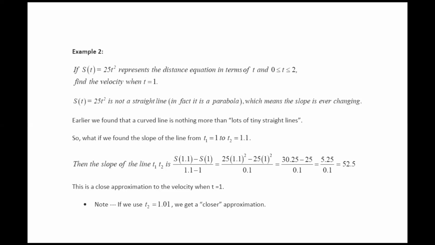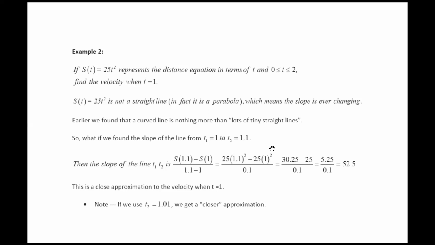So what we're going to do is we want to find the slope at 1. So let's take a point very close to 1, like 1.1. And let's find the slope of the line connecting 1 with 1.1 using this function.